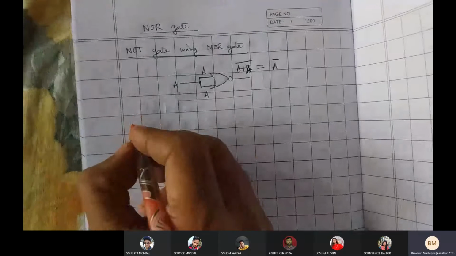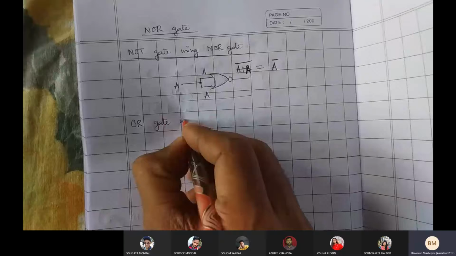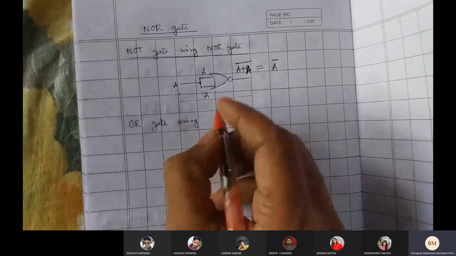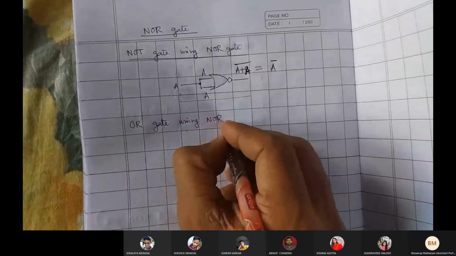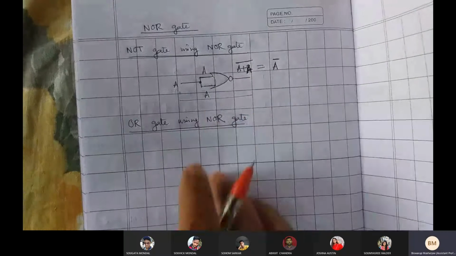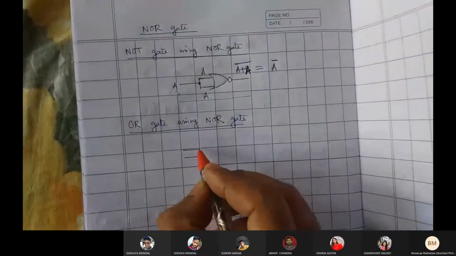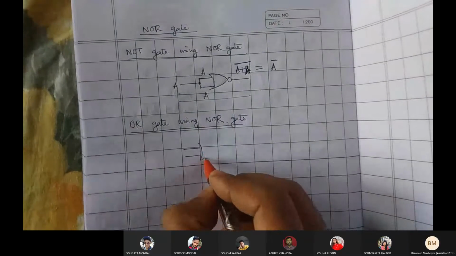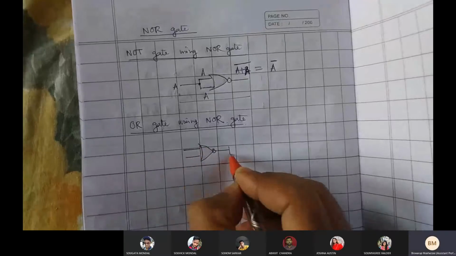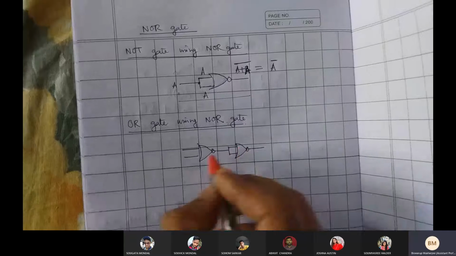Similarly, if you want to get OR gate using NOR, it can also be done by two NOR gates.